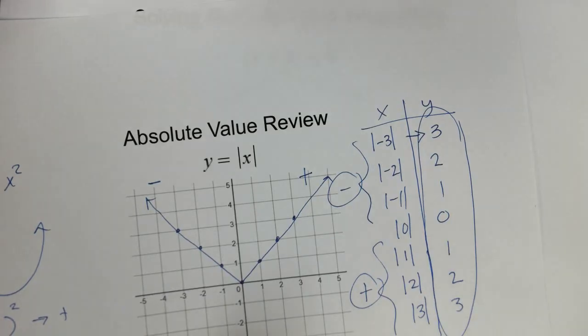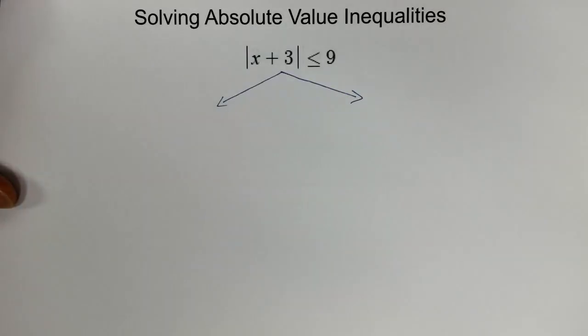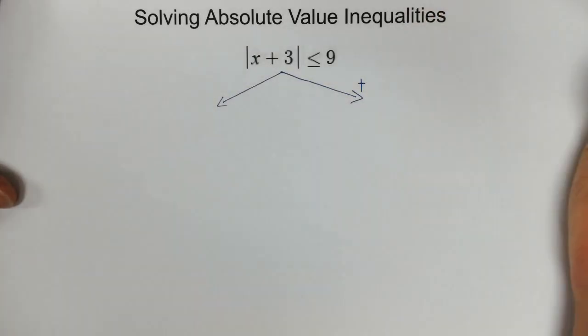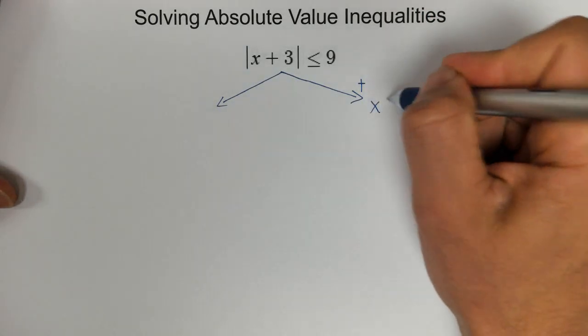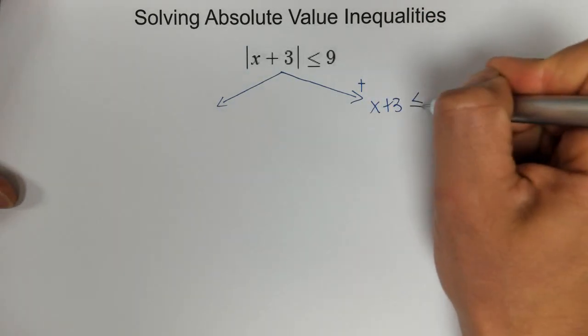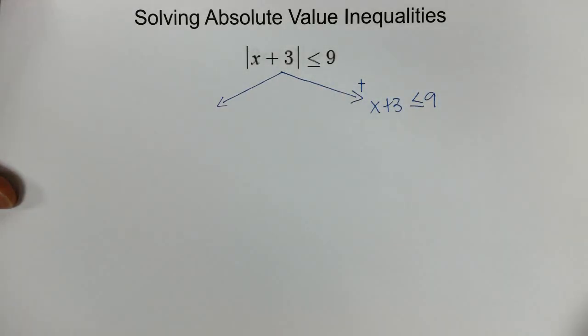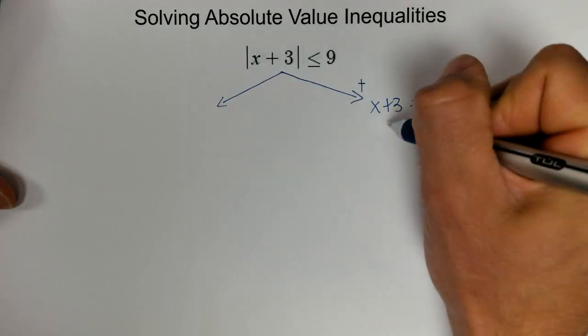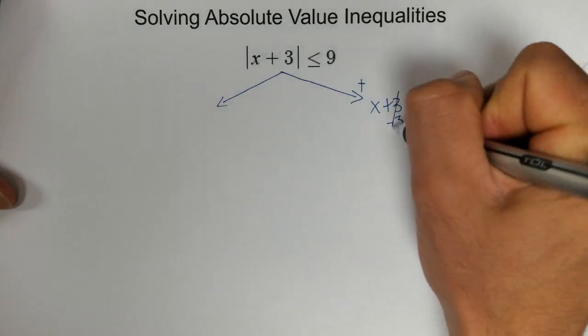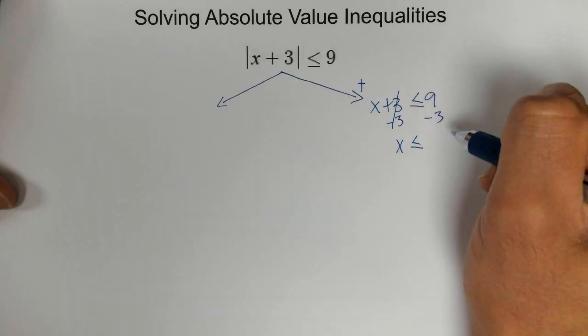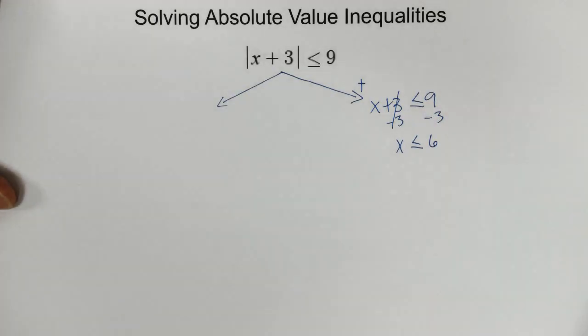It stayed the same. So when the expression is positive inside the absolute value, nothing really changes. So I can just ignore these absolute value lines and just solve the problem as it is. We get, you move the 3 over, x is less than or equal to positive 6.